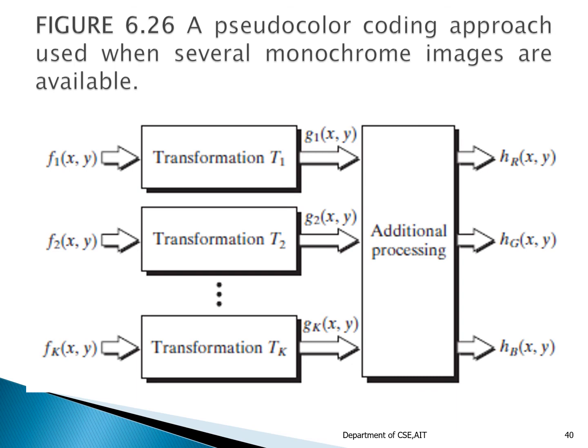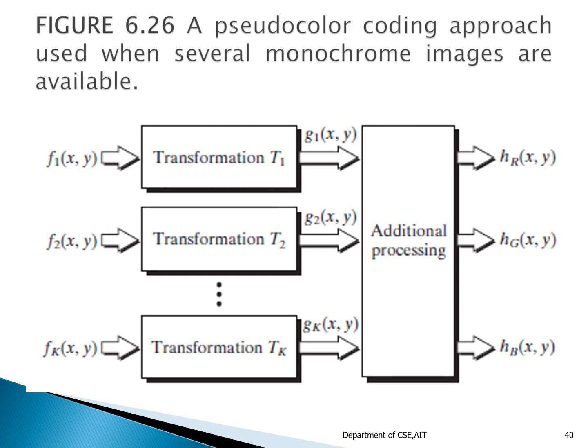The additional processes shown here include techniques such as color balancing, combining images, and selecting the 3 images for display based on knowledge about the response characteristics of the sensors used for generating the images. So we can apply the transformations to images from different sensors, go for additional processing, and get the monochromatic images.